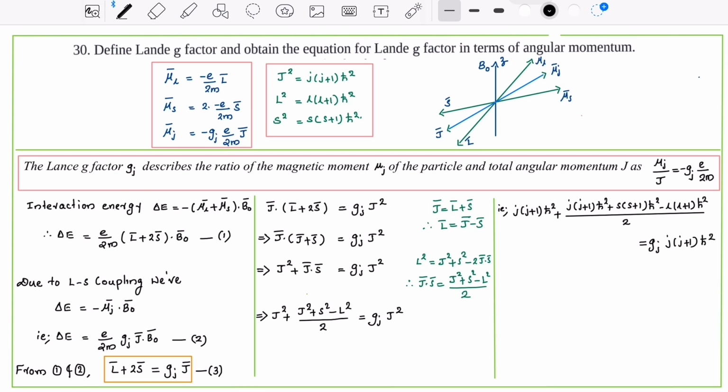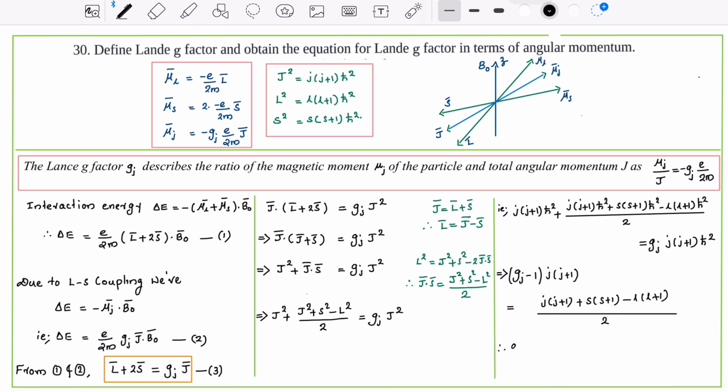H bar square will cancel on both sides, so you will be left with g j into j plus 1, that is equal to j into j plus 1 plus s into s plus 1 minus L into L plus 1 divided by 2.